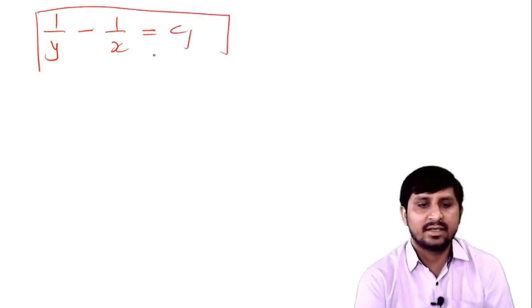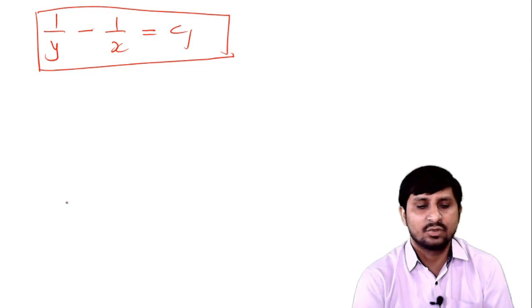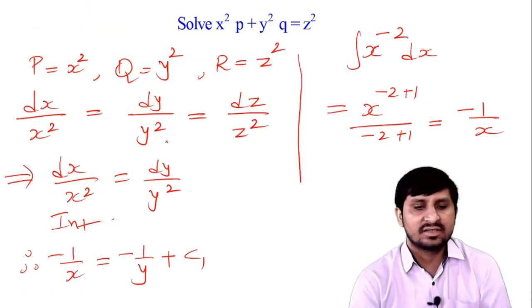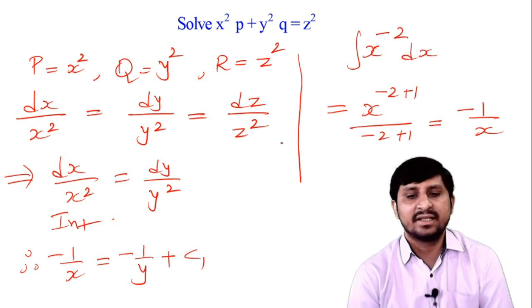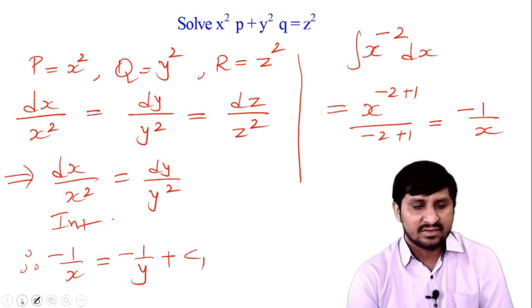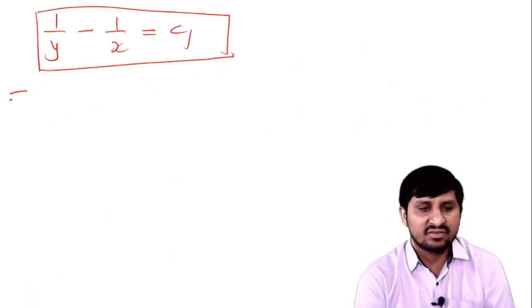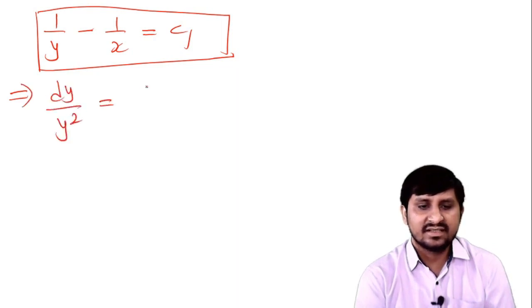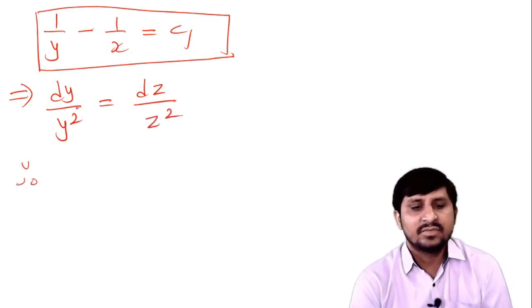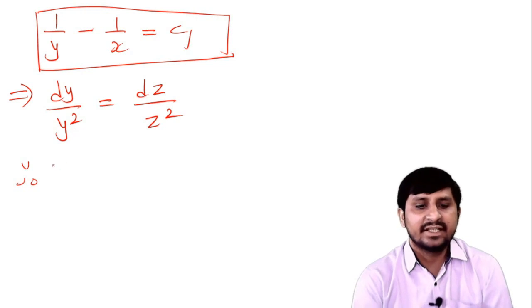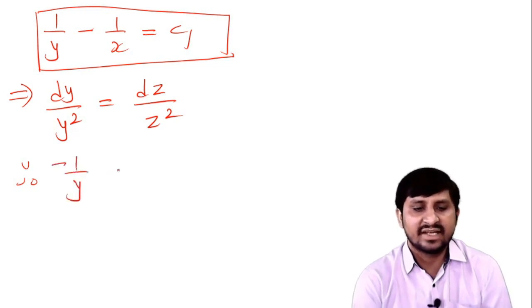Now compare other two auxiliary equations. I can compare dy by y square is equal to dz by z square. So dy by y square, the integration of 1 upon y square is minus 1 upon y.